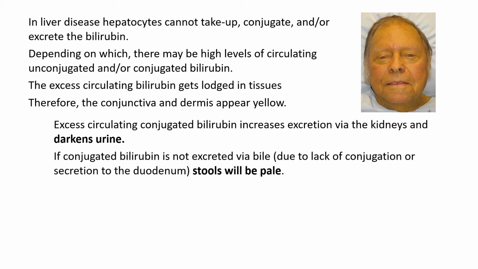And in terms of the stools, of course, they're going to be pale, because if conjugated bilirubin is not excreted via bile, through the gallbladder, off to the duodenum, into the GI tract, then the stools are going to be very pale without that brown colour from the bilirubin.